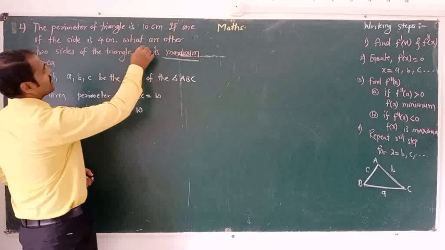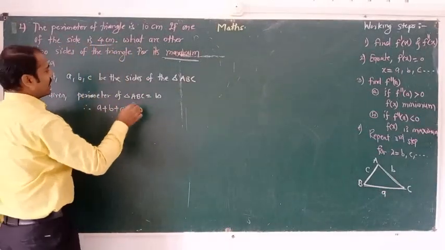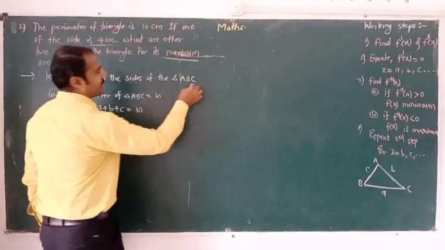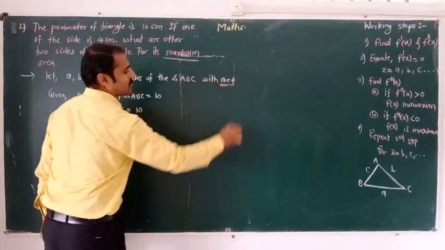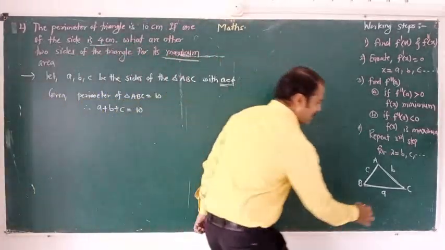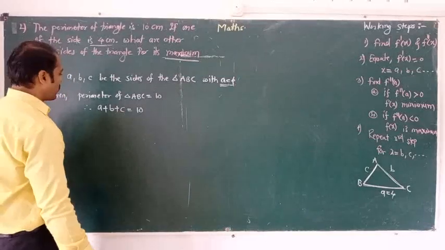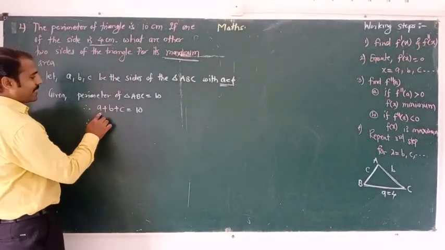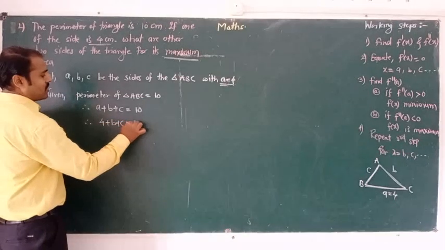But it is given that one of the sides is 4 centimeter, so let a is equal to 4. One side is 4. Therefore, I get 4 plus b plus c is equal to 10.